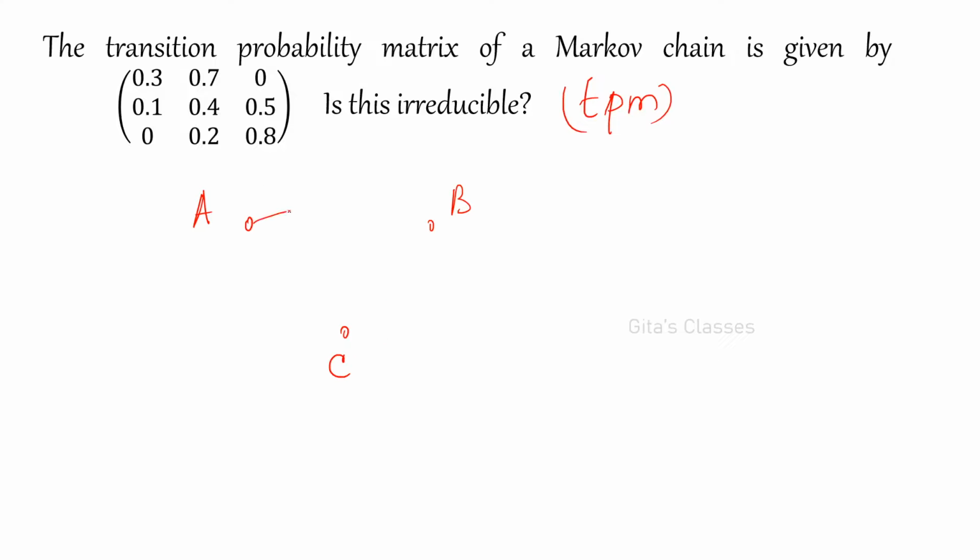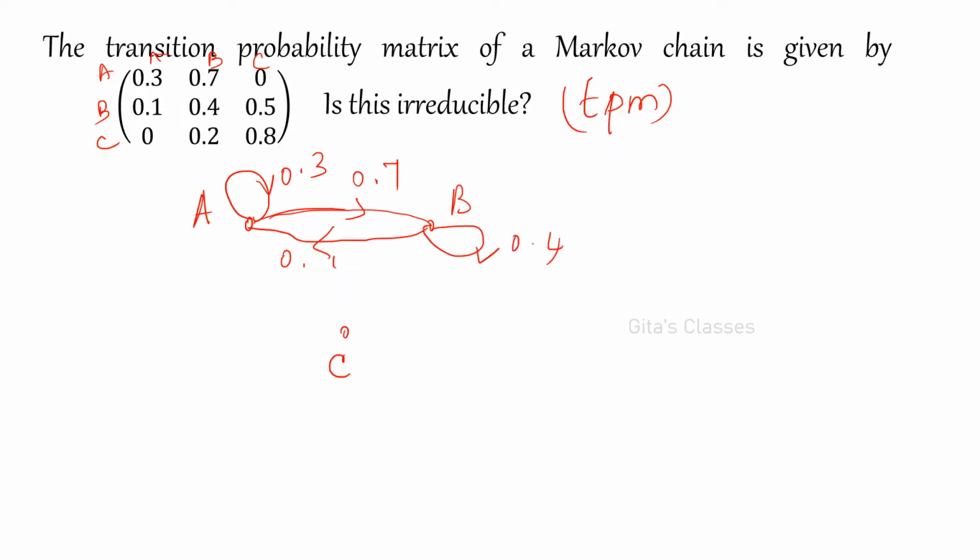From A, I can go to A with the probability 0.3. Then I can go to B with the probability 0.7. And A to C, nothing, 0. Now from B you can go to B itself, that is 0.4; B to A, it is 0.1; and B to C, it is 0.5.